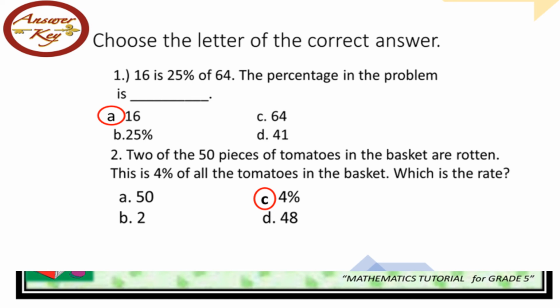Number 2. 2 of the 50 pieces of tomatoes in the basket are rotten. This is 4% of all the tomatoes in the basket. Which is the rate? The answer is letter C, 4%.